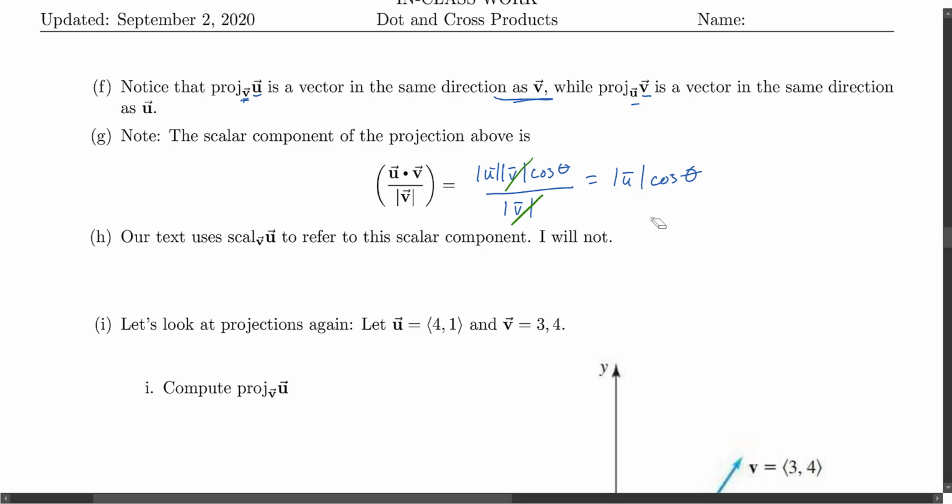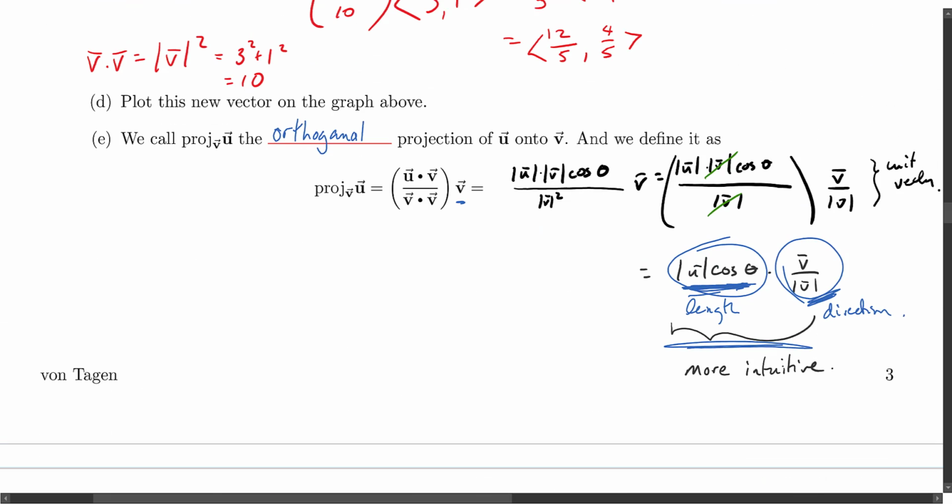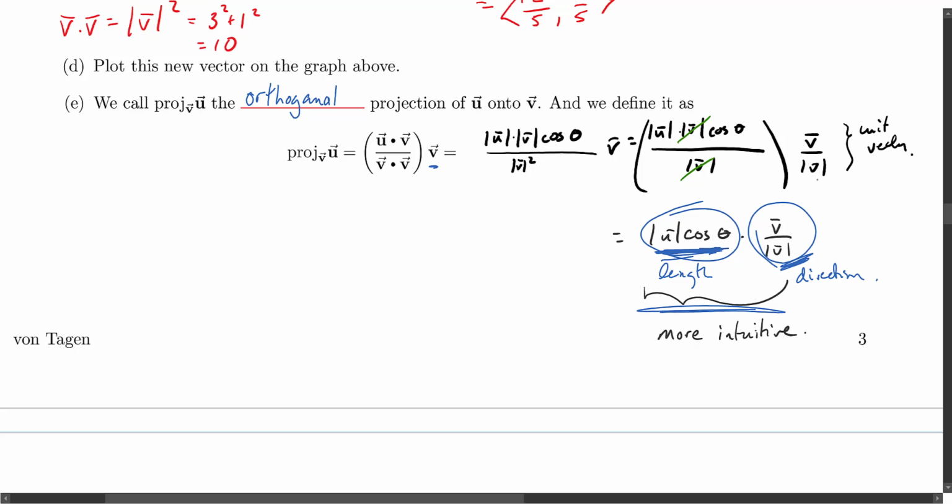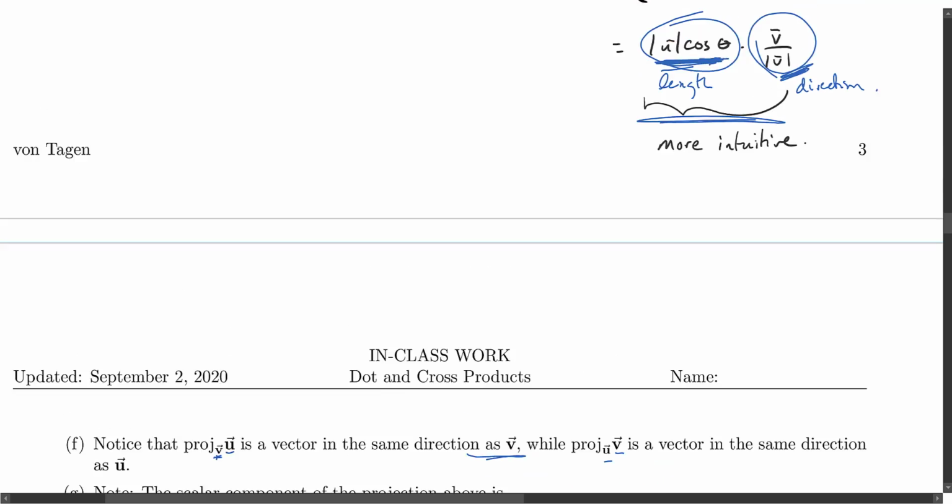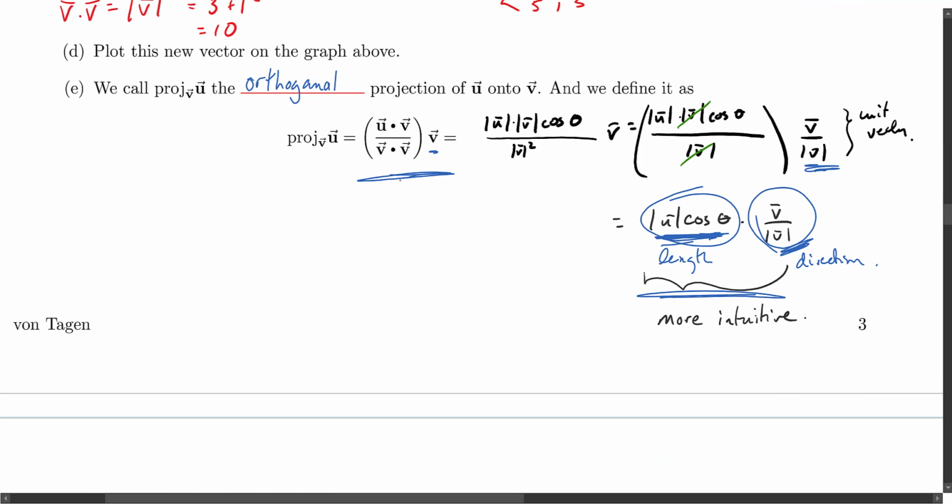Folks, here I make a quick comment that I'm not going to refer to this that often. I find it a little bit confusing that this scalar component only refers to the vector when you have it in unit vector form. Over here, when we wrote the expression this way, we still have a scalar, which you could think of as a length modifier, times a vector, and that gives a vector with a particular magnitude heading in a particular direction.